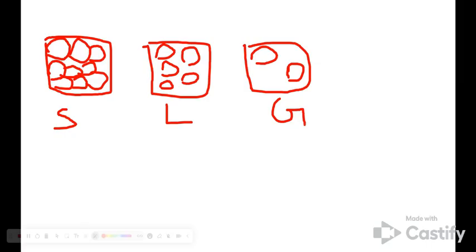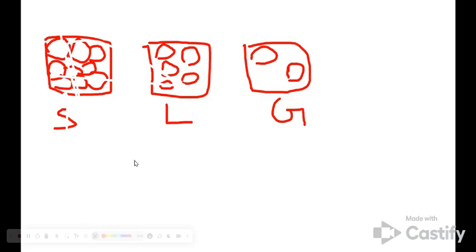Let's move to the classification of matter. We have to learn about pure substances. Number one is element.